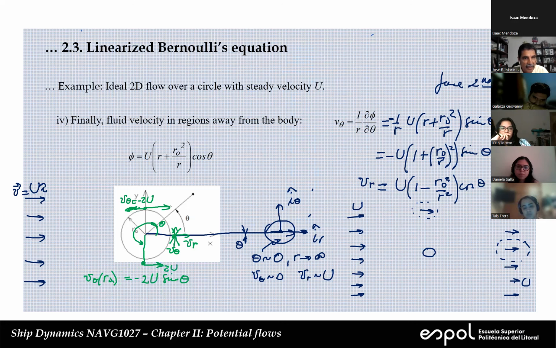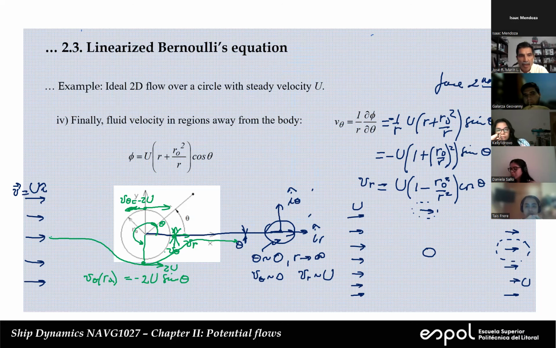Yes, makes sense. So you see that the velocity comes like this, goes around, increases in value, and then decreases here, and then it moves to the right. Okay, so the solution makes a lot of sense.